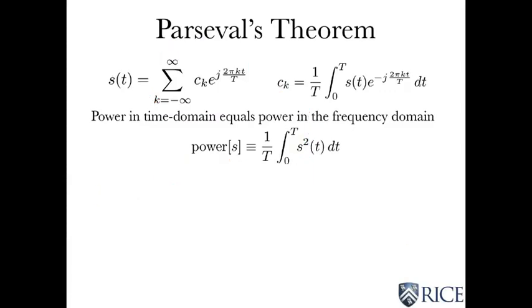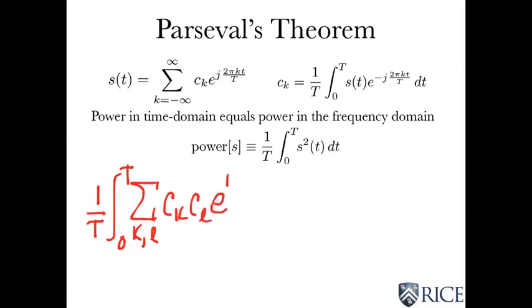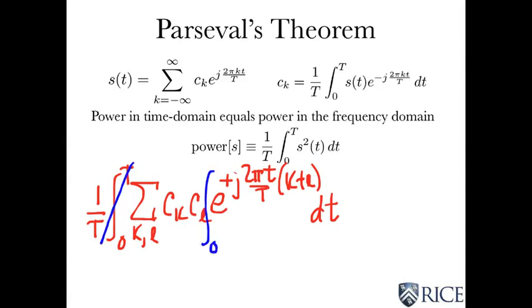So, what is 1 over T, the integral from 0 to T, of the double sum over k and l of c_k c_l, e to the plus, and I'm going to combine the exponential parts, and this ought to look very familiar from the previous video, because this has to do with the orthogonality relationship I showed previously. What I'm going to do is push the integral inside so it becomes clear.